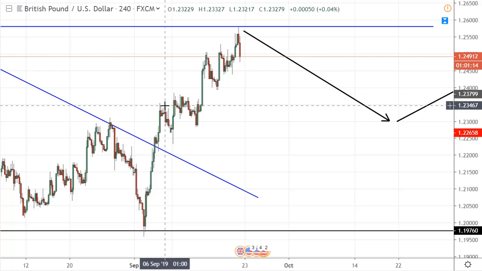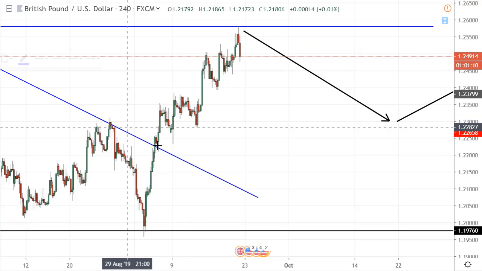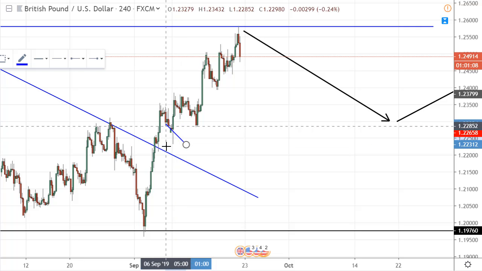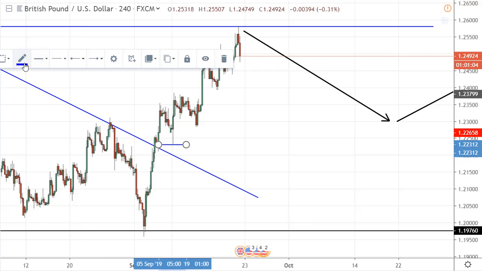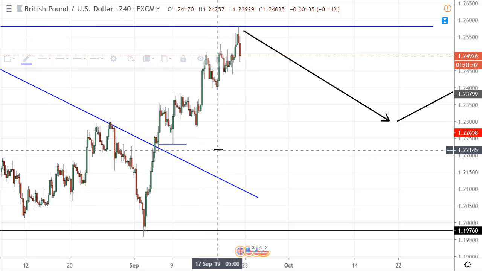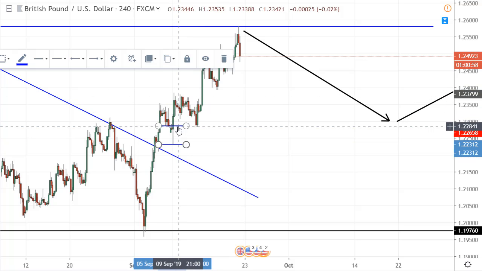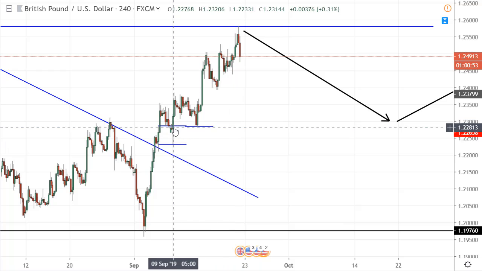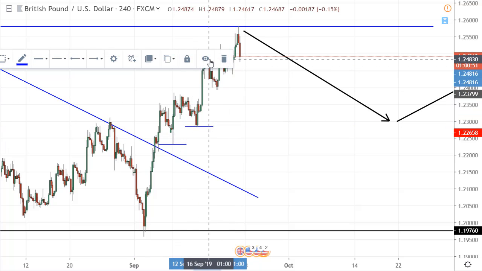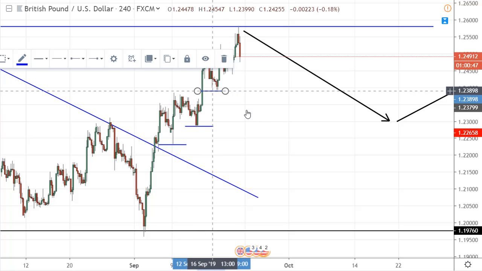This was a move up. We came back for the first time and we found support. That was over here. Yeah, this would be support, and then we had another move, made a small high, and we came back and we had another low. Then we made another move to the upside, came back, retested, very obvious level.